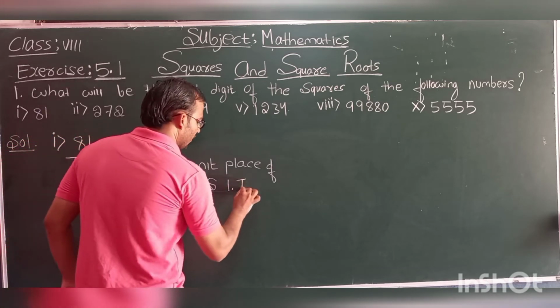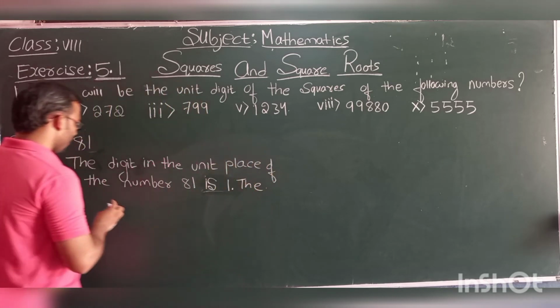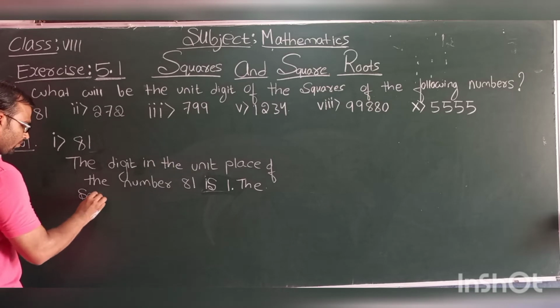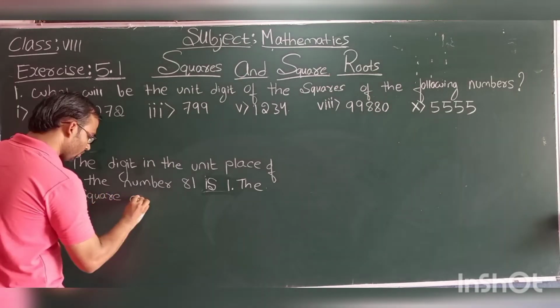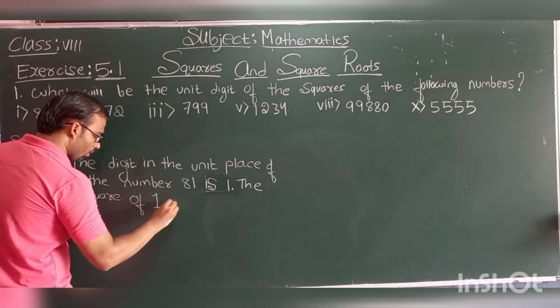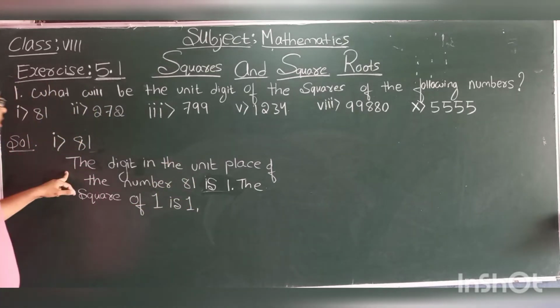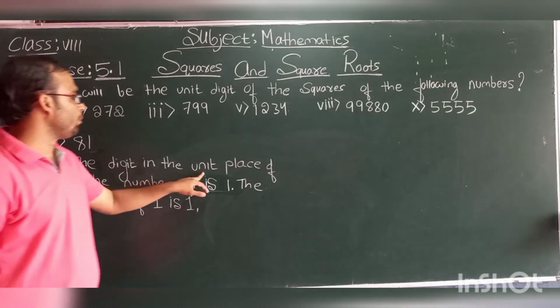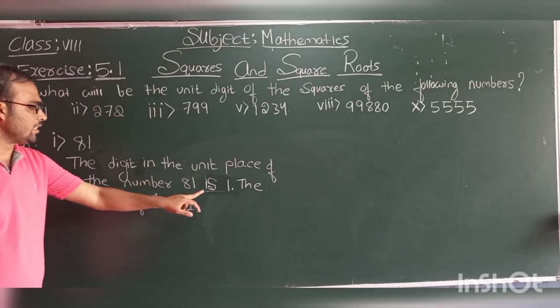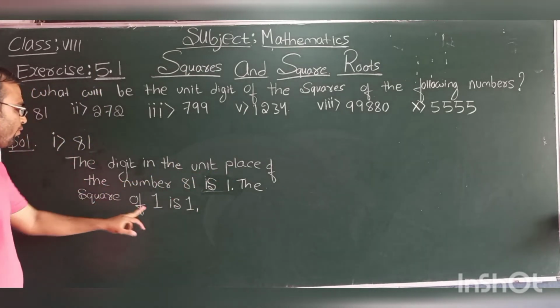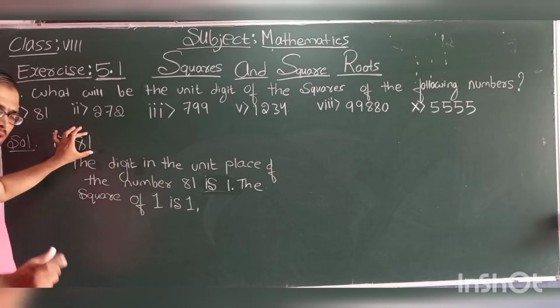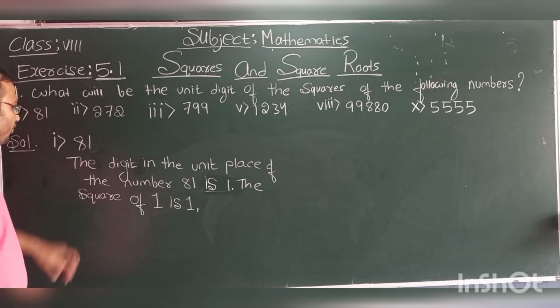Next, the square of 1 is 1. Look at here, students: the digit in the unit place of the number 81 is 1. The square of 1 is what? 1 only. So when we square 1, what are we getting? 1 only, no?